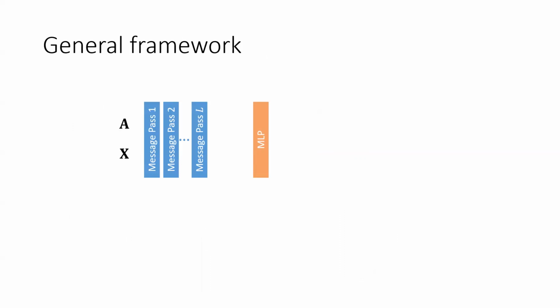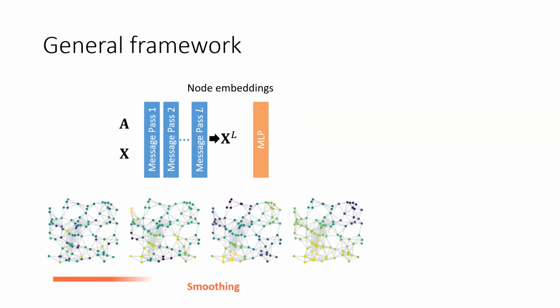Now let's look in detail into the common framework used to perform clustering with a graph neural network. We usually have a stack of message passing layers which take in input the topology represented by an adjacency matrix A and the node features represented by a matrix X. The stack of message passing layers generates new node features, also called embeddings, by applying a linear transformation and by combining the information of the neighboring nodes on the graph.